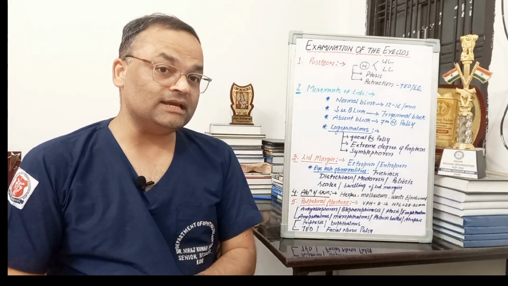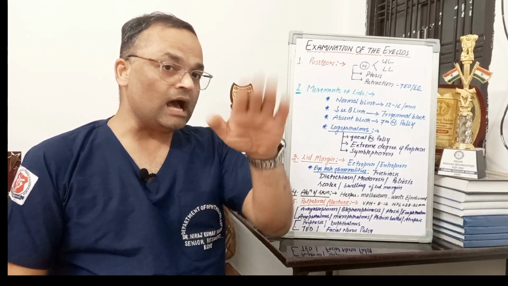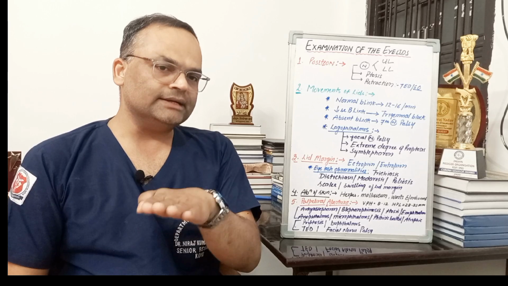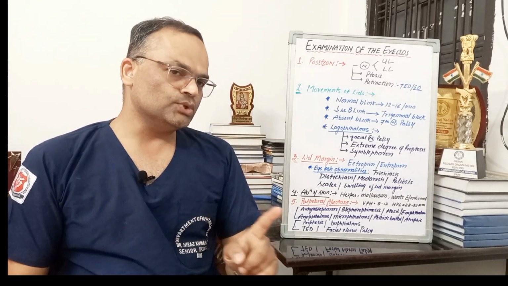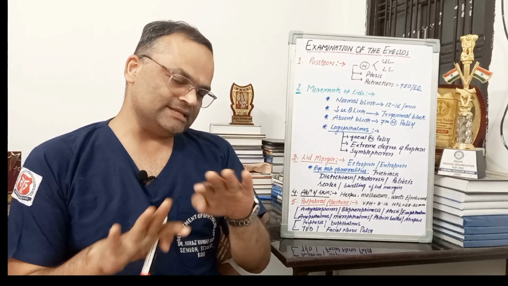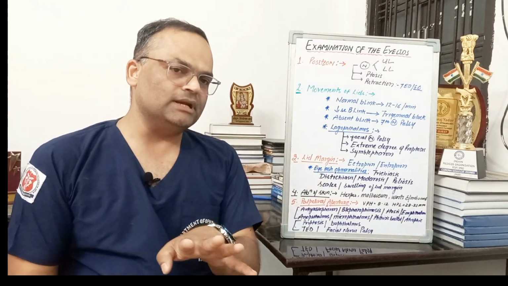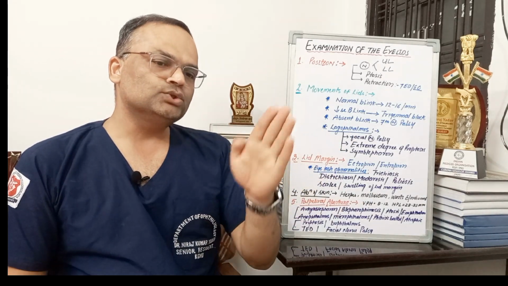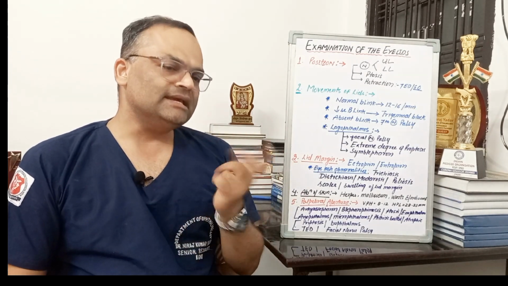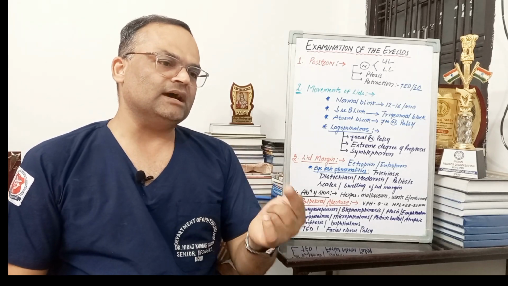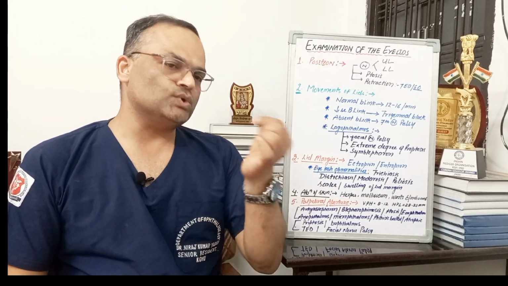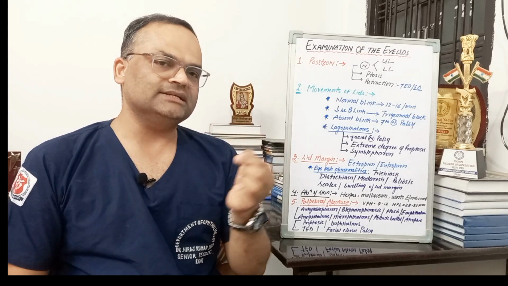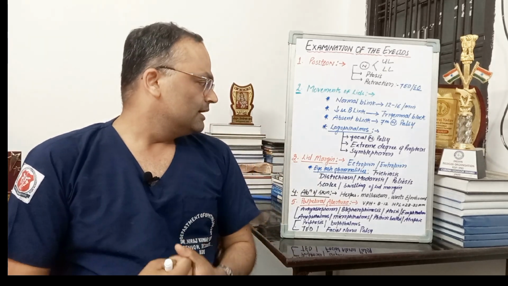The normal direction of the eyelashes in the upper eyelid is upward and outward, while in the lower eyelid it is downward and outward. If the direction is abnormal, it is called misdirection of the eyelashes, or trichiasis. In trichiasis, the patient complains of pinching of the lashes over the cornea or the conjunctiva, which can lead to irritation and watering.